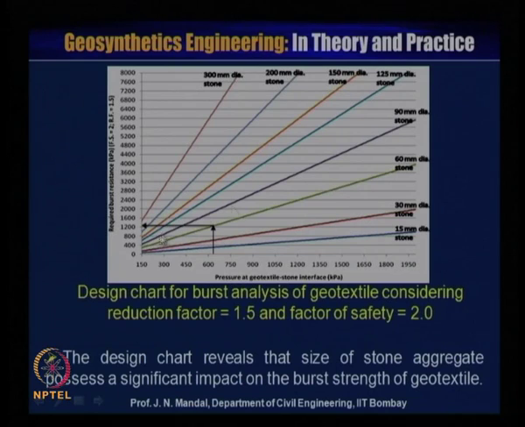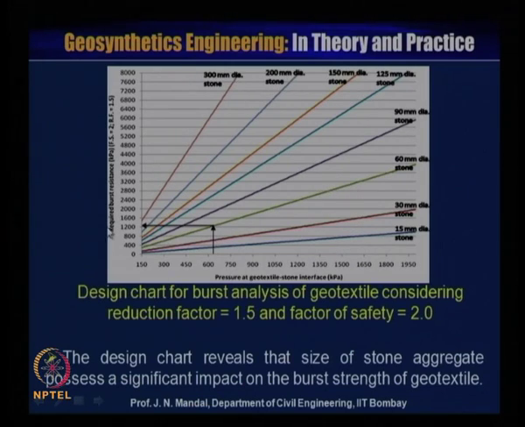So, we can have a design chart for burst analysis of the geotextile, considering a reduction factor of 1.5 and a factor of safety of 2. This design chart reveals the size of the stone.